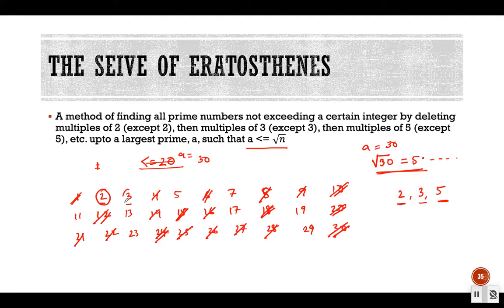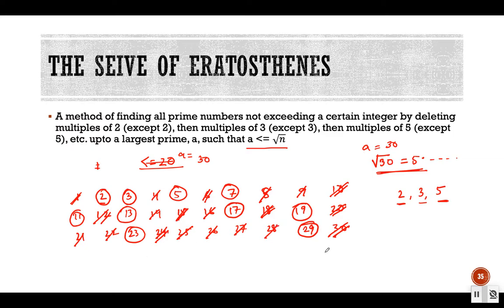We can see 2, 3, 5, 7, 11, 13, 17, 19, 23, 29. These are the prime numbers less than or equal to 30.